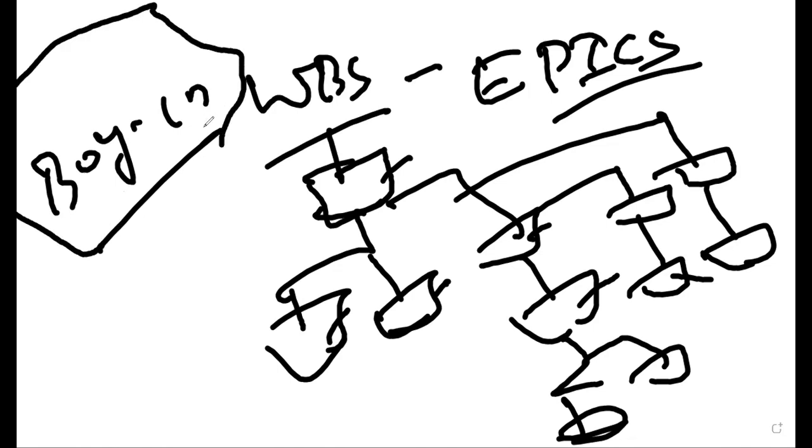They'll nod their heads: go ahead, I'll ask the financial person to release the funds. That is the benefit you get once you break the project into more manageable components. One project is broken down into manageable components, brought into a hierarchical structure, and that structure is called a WBS. Right or wrong, guys?